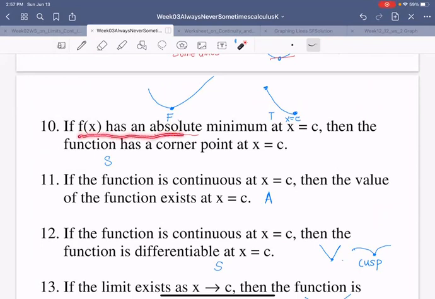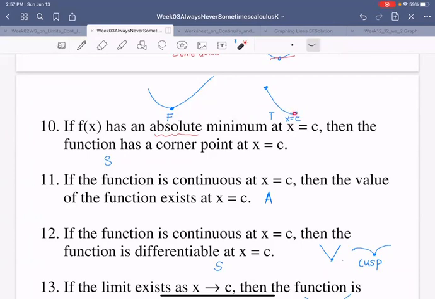If f(x) has an absolute minimum at x equals c, then the function has a corner point at x equals c. Look, if I draw my graph like that, this is a monotonically decreasing function, and it has the absolute minimum at x equals c.